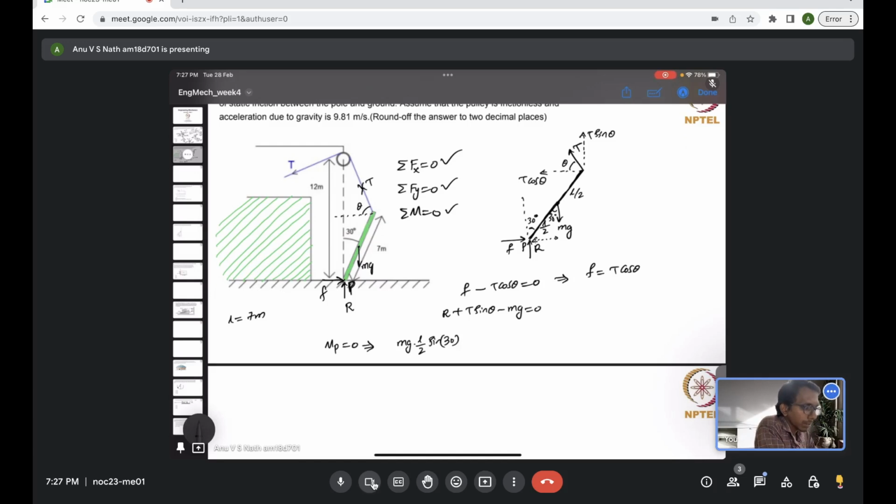Now T will have two components, T sin theta and T cos theta. Both are having an anti-clockwise moment. So that will be minus T cos theta, which will have a moment arm which is this distance, L cos 30.